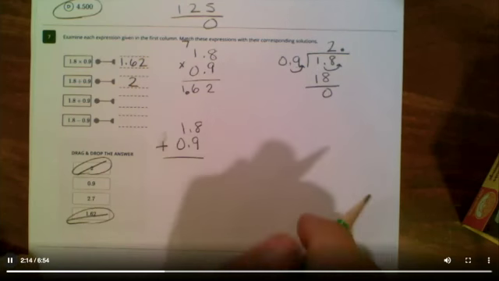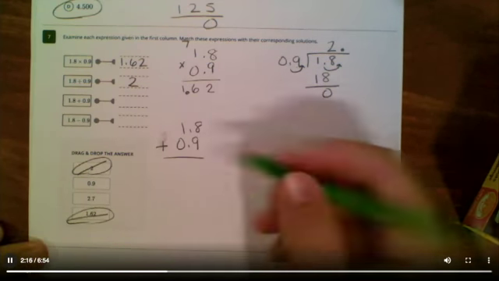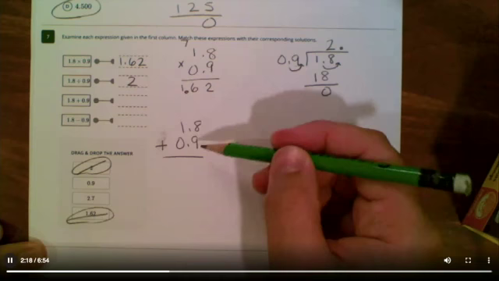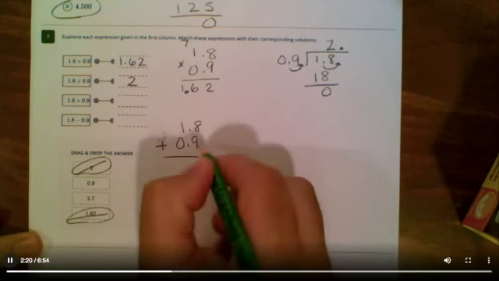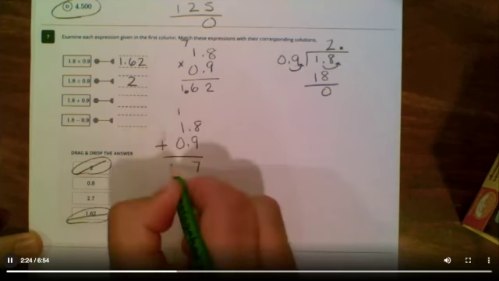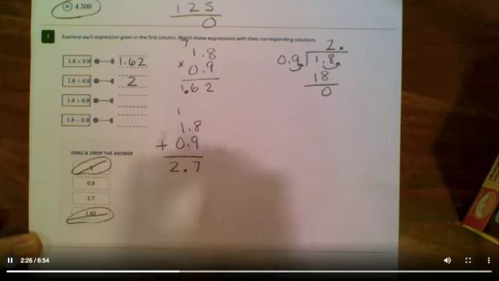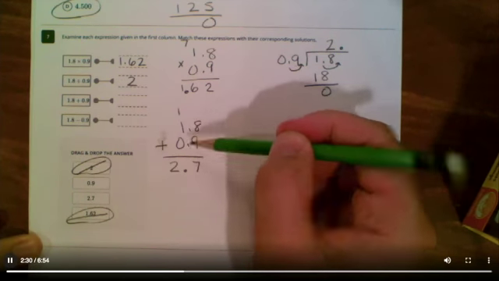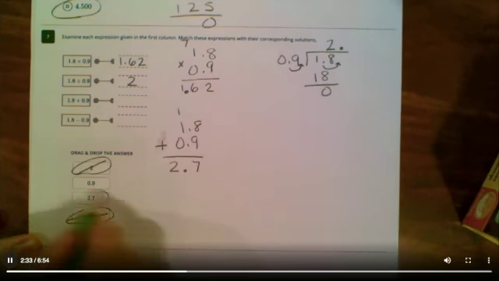Next, we have 1 8/10 plus 9/10. Again, your decimal points and your decimal place values need to be lined up. The place value takes the same place that it had in the addends. So we have 2 7/10.